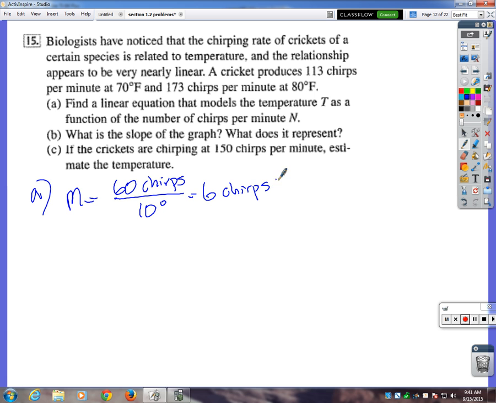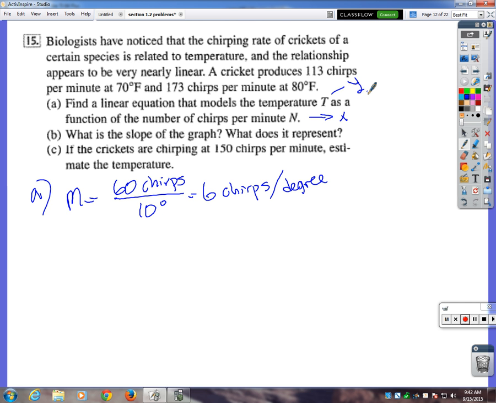I don't get why that had to be, because it isn't actually the independent variable, it's temperature. Okay, when it says find a linear equation that models the temperature T as a function of the number of chirps n, then it's saying that n is the x and T is the y. But temperature is usually the independent variable. But the question is... Right, exactly.